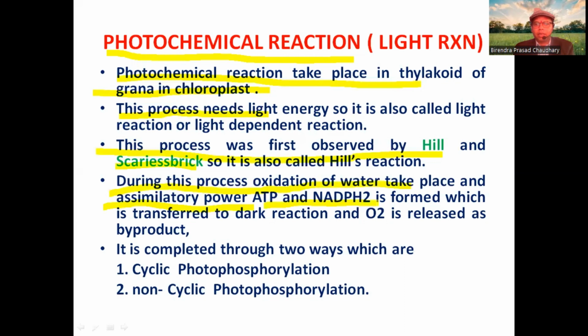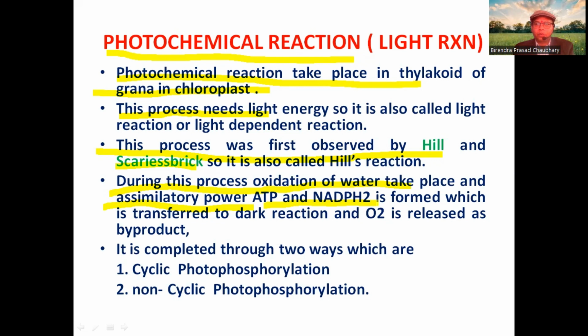This NADPH2 and ATP are the assimilatory power and these are very important. Without this assimilatory power, the next phase, the dark reaction, cannot take place. These are the raw materials required by the dark reaction for the reduction of CO2, the carbon dioxide molecule, into carbohydrate molecules.